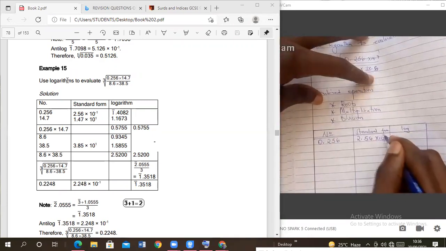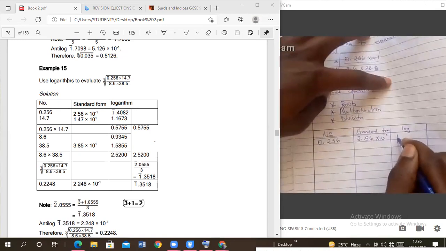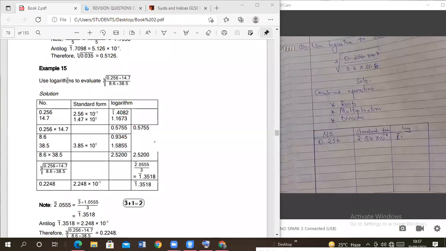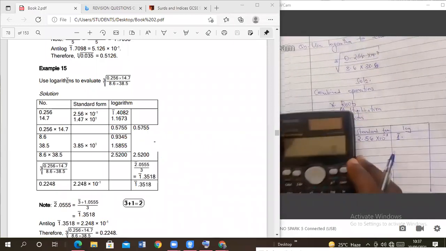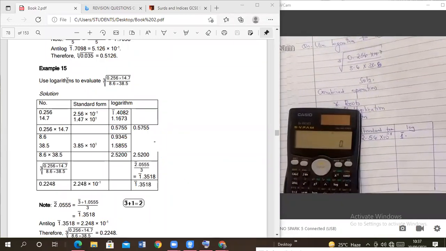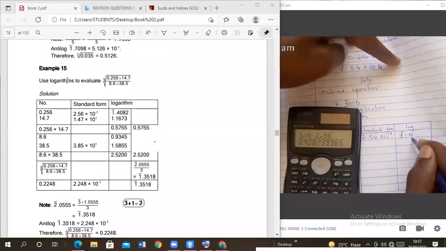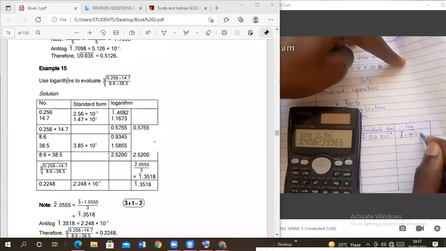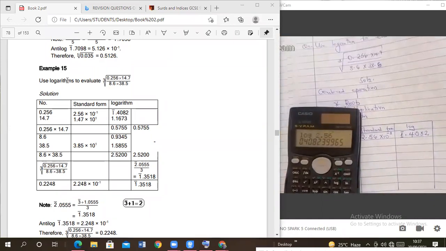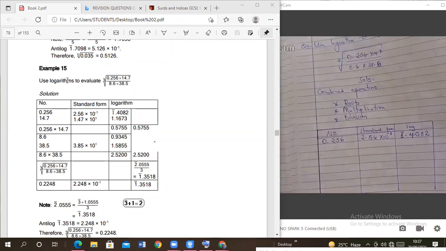So you put here 1 bar. If you have a log table, just look at it. Log of 2.56, you get 0.4082 to 4 decimal places. What is the next one?